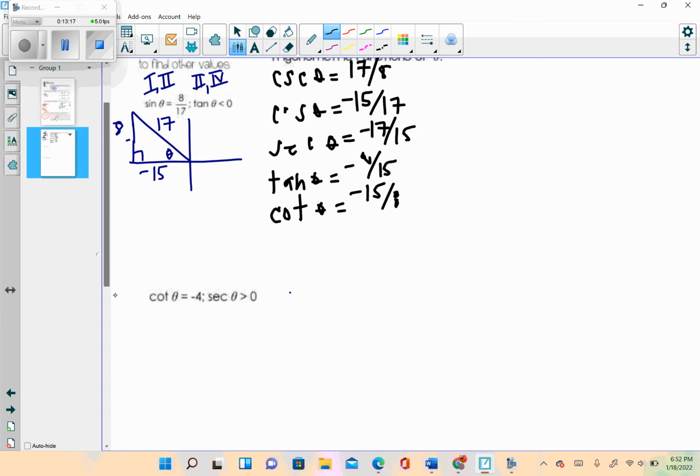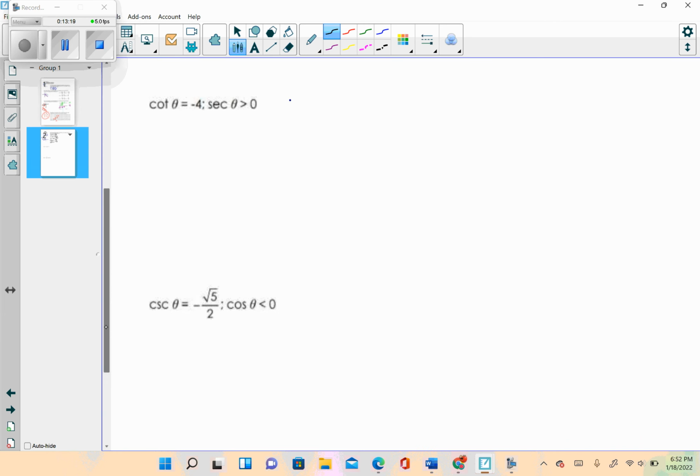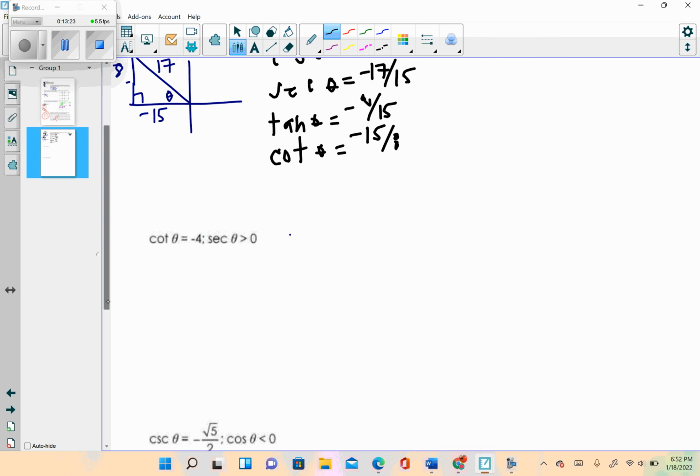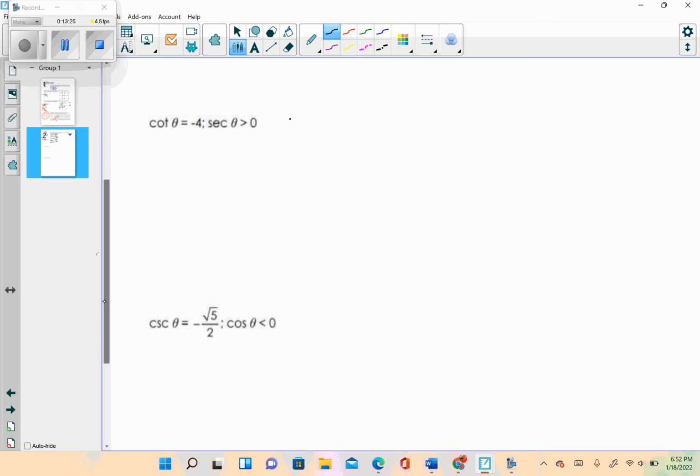Let's do another example. All right. Cotangent is negative, and secant is positive.